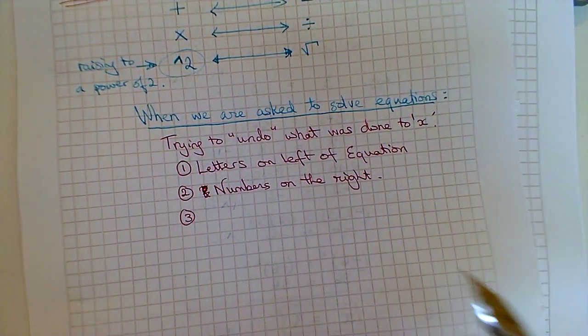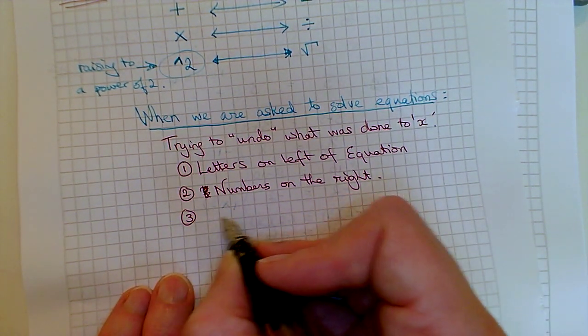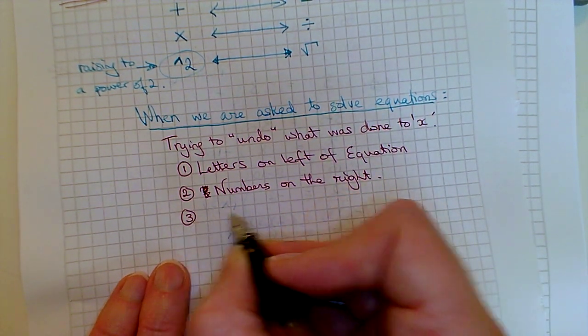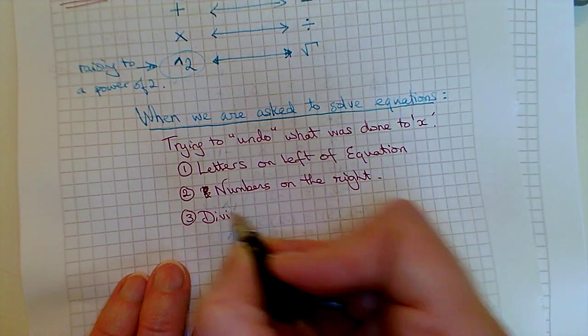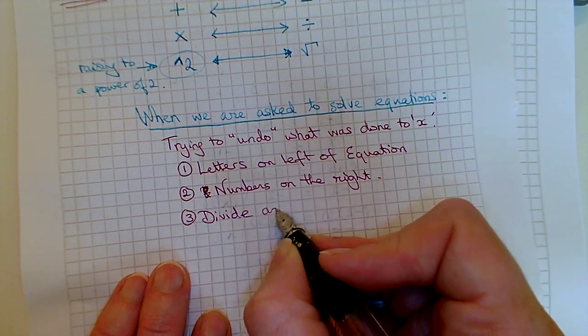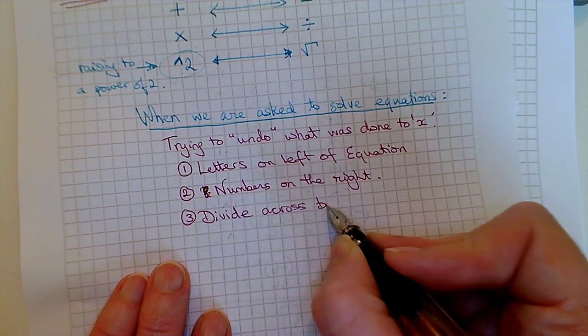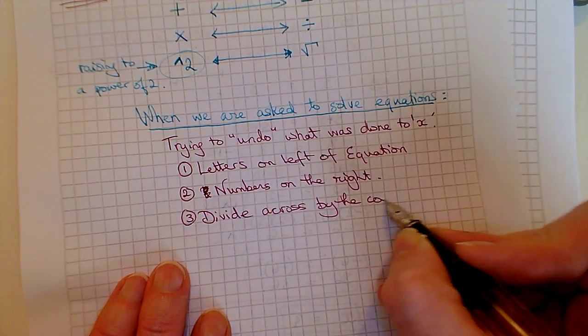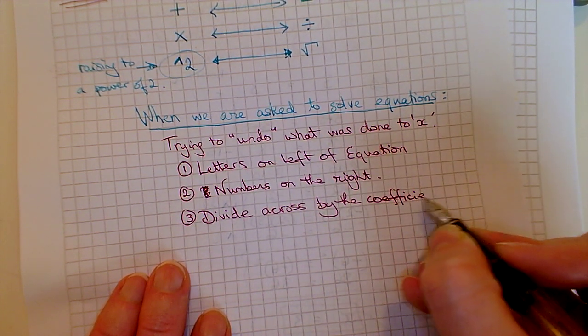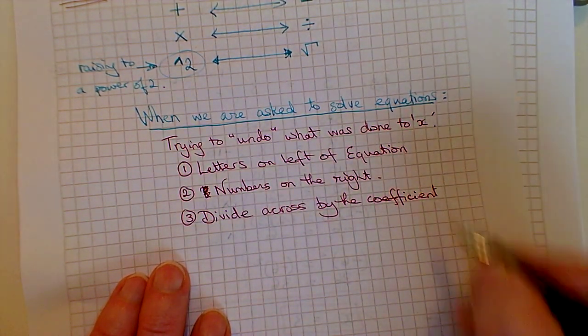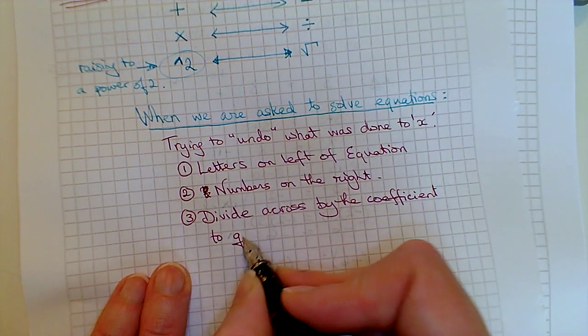And then our last step will always be to divide, because we're undoing multiplication, across by the coefficient. This is something that we did in area and volume quite a lot to get x on its own.